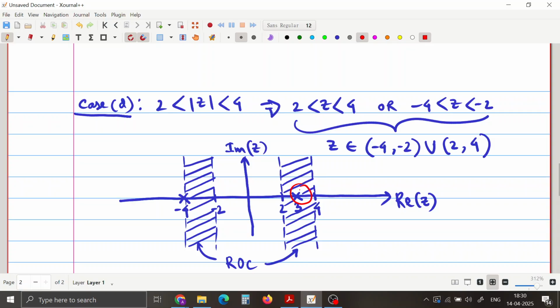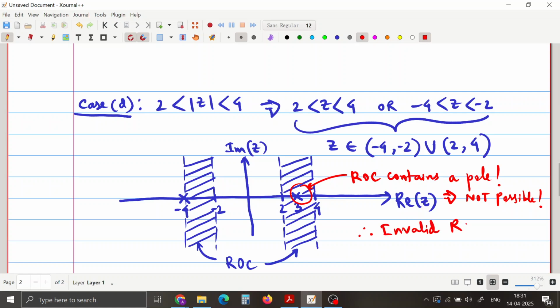So the ROC contains a pole. Okay, which is not possible, right? Therefore, invalid ROC.